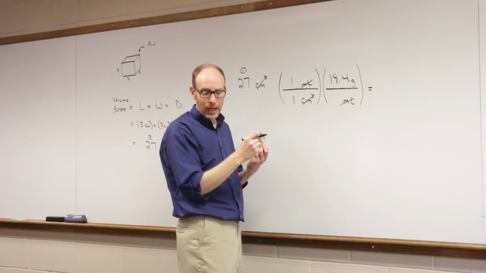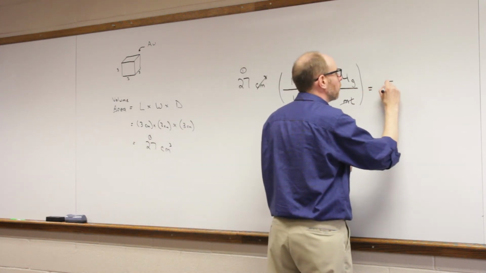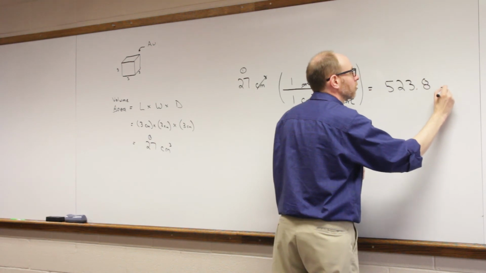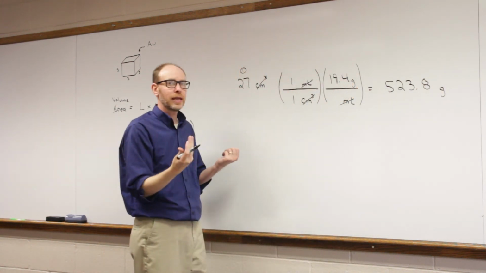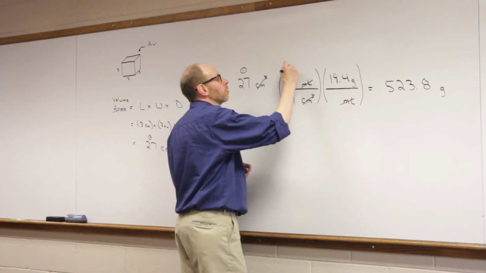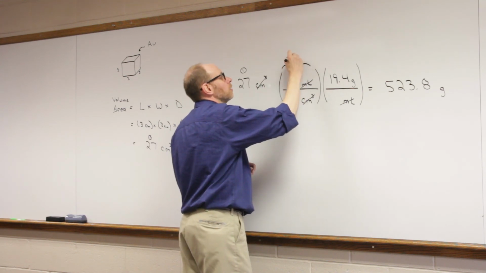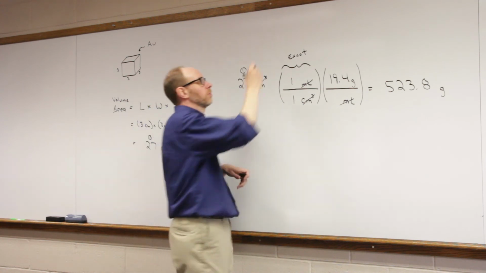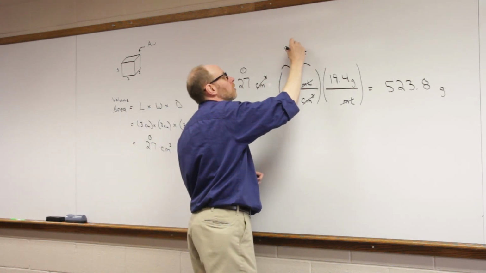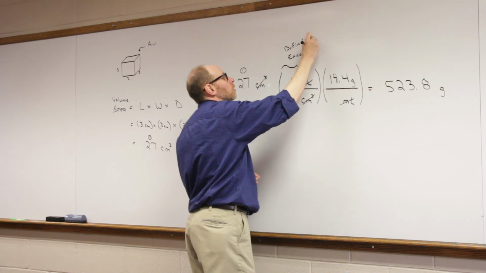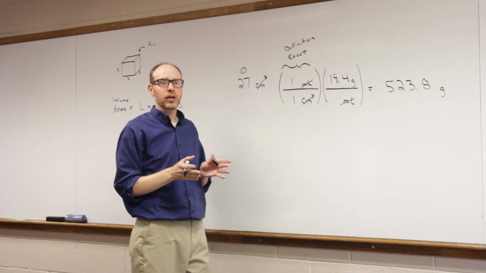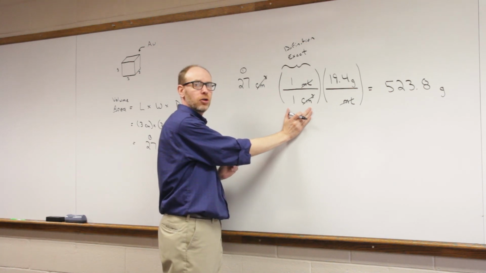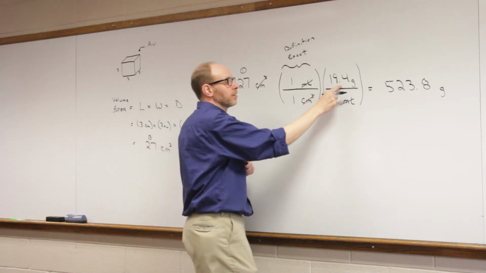When you multiply this out, you end up with 523.8 grams. If we're looking at significant figures, this conversion factor is exact. Remember, exact numbers or definitions don't affect the number of significant figures, so that's not going to determine how many significant figures our answer would have. Then we get to the density.